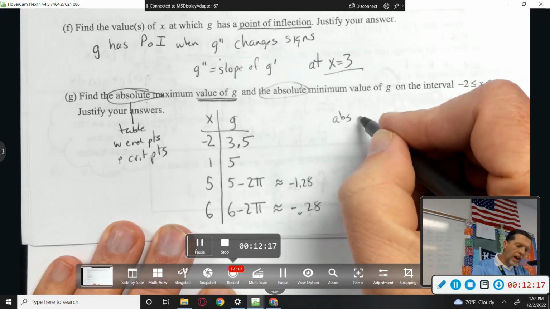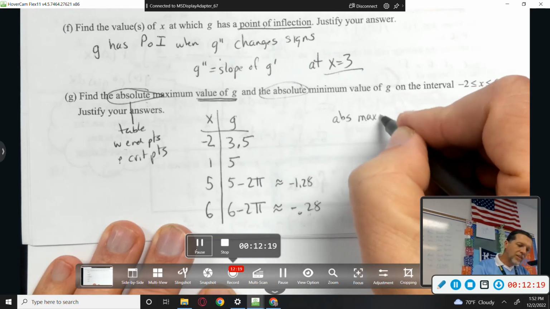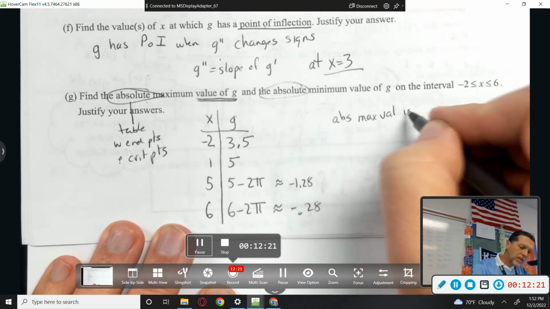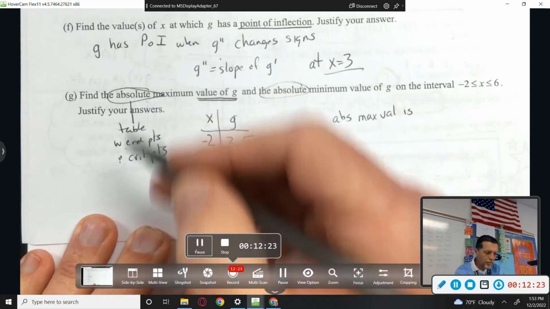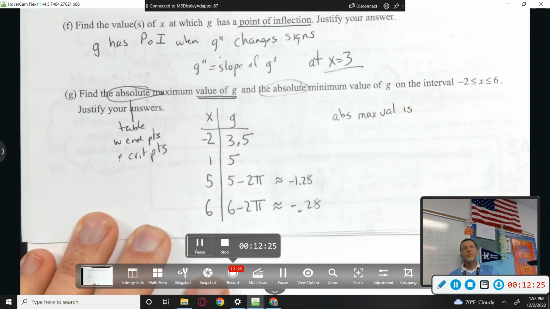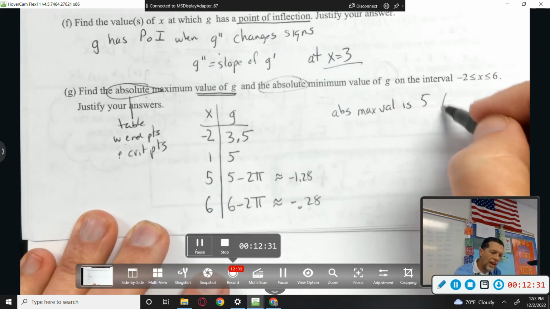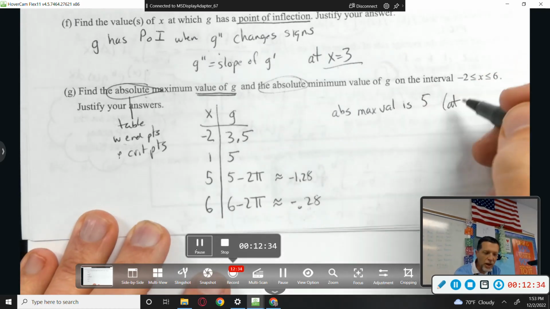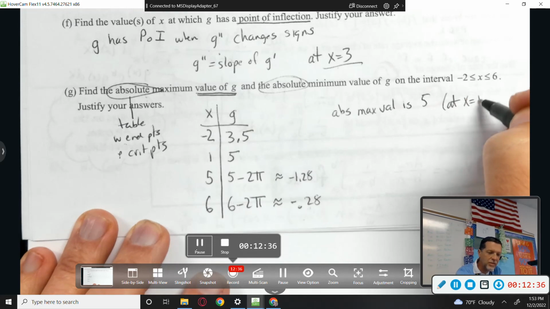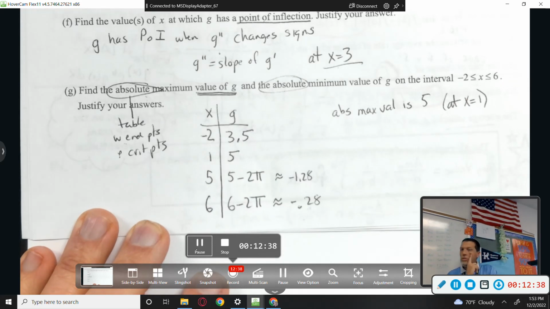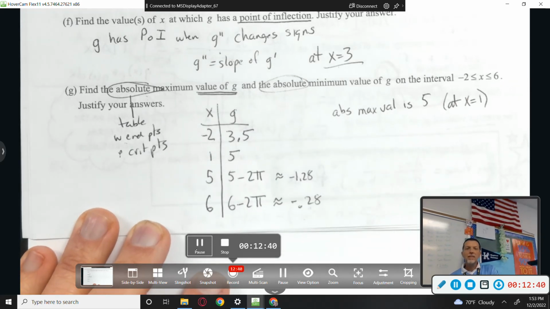So the absolute max value is, which one of those numbers is the maximum value of g? 5. And it didn't ask for this, but just to be clear, it happens at x equals 1. You would not have to say that, but if you're trying to convince yourself what's going on.